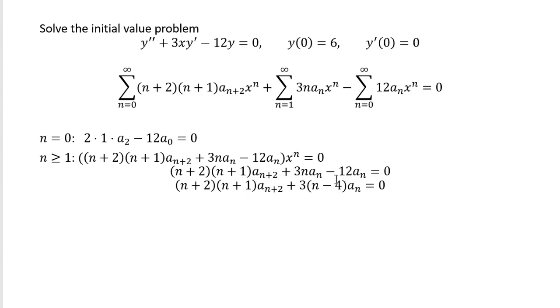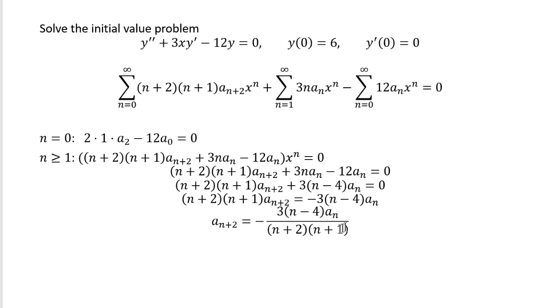Before I do that, let's factor the 3an out from these two terms so that you get 3 times n minus 4 an. Move this term to the right side. Let's see what we get. We get n plus 2 times n plus 1 a n plus 2 equals to negative 3 n minus 4 an. And now you just have to divide by this n plus 2, n plus 1 to give you this relationship between a n plus 2 and an.